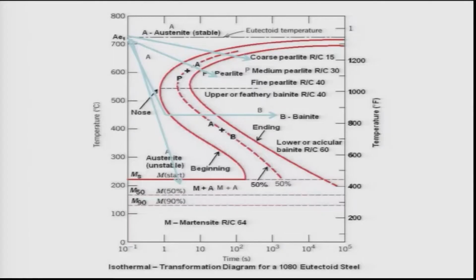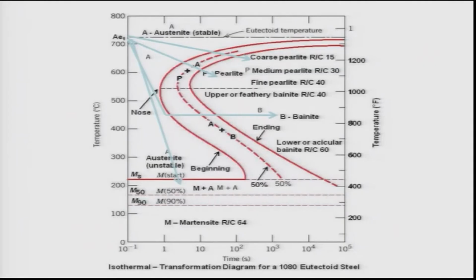Once the cooling rate is higher and the austenite does not transform to pearlite, if we keep it at about 350 to 450 degrees Celsius for a long time, about 10 to the power 4 or 5 seconds, which is quite large, then it will lead to formation of upper bainite or lower bainite depending on the temperature.